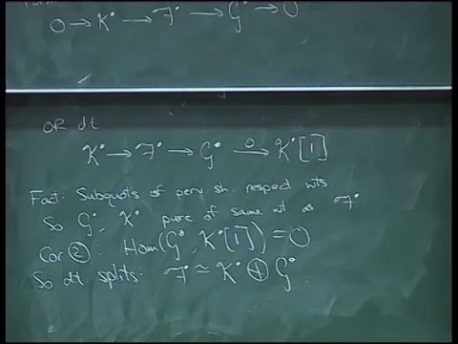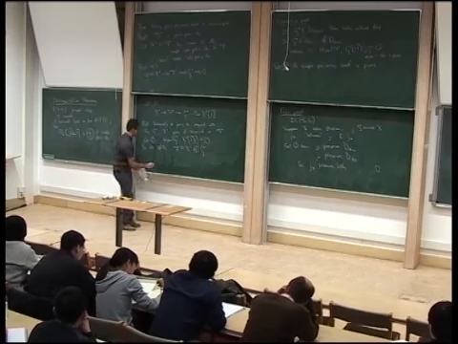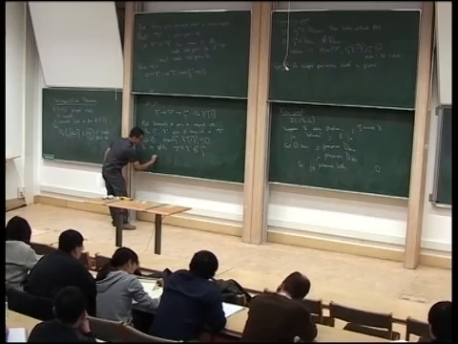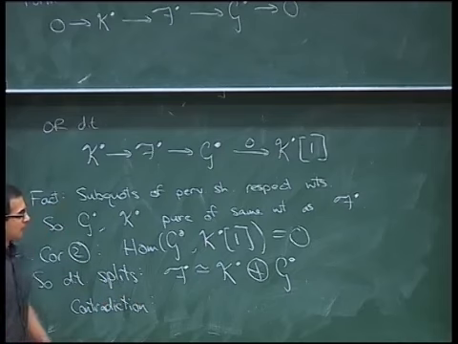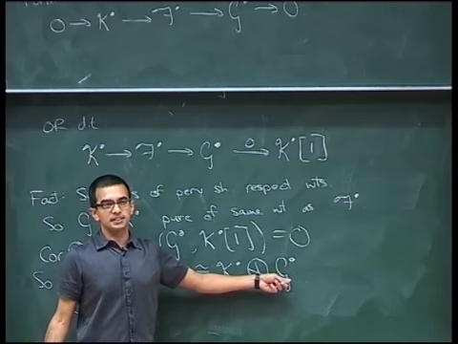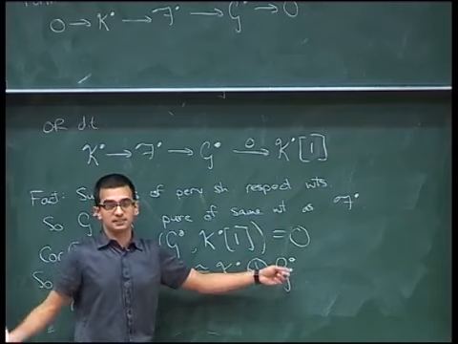But that's a contradiction. K was supposed to be the maximal semi-simple subobject of F, but, well, G is a perverse sheaf, and it has some simple sub-perverse sheaf.